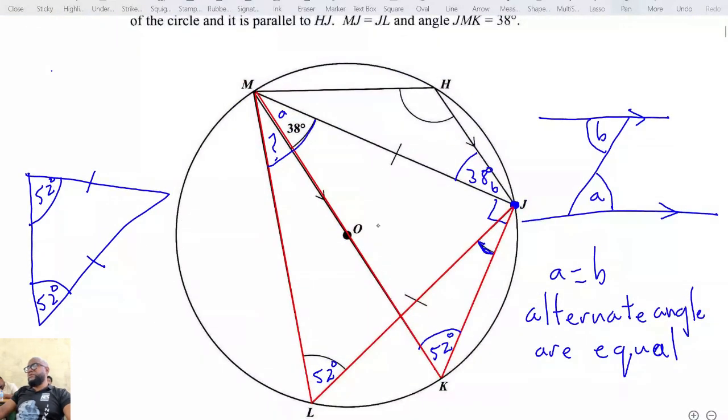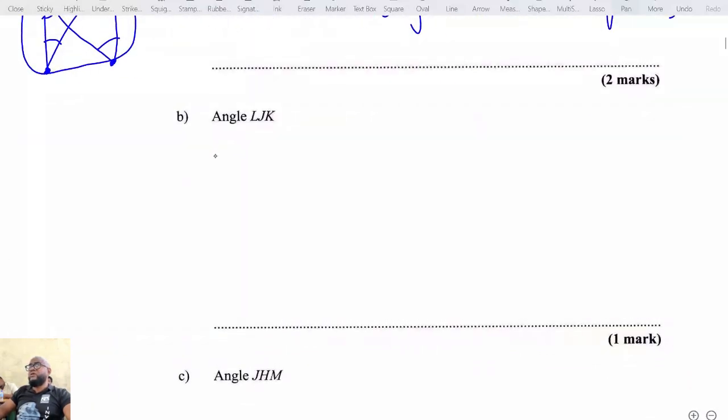I should first put that MLJ is 52. Watch it there.